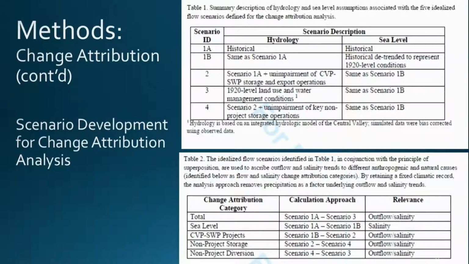This is just a definition of some of the scenarios. So we defined 5 different scenarios, which basically had a 1920 level and some unimpairments of the historical record. And then to get to this issue of change attribution, it really ends up being looking at the differences between one scenario and another. So for example, the total change would be the difference between the historical scenario and the 1920 level.